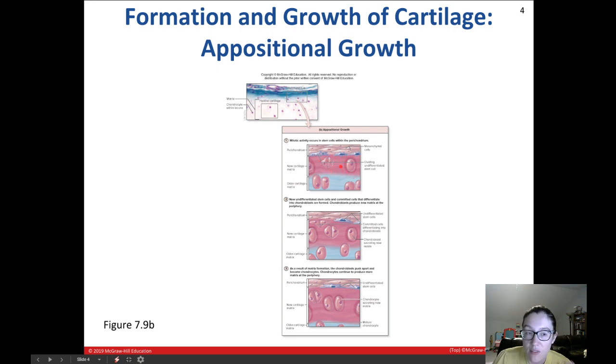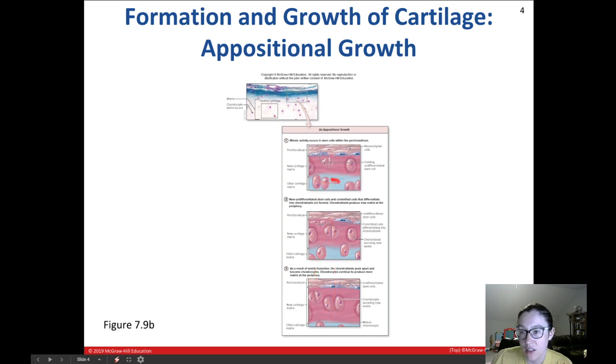So we have a lot of new chondroblasts along the outside that are secreting more and more new matrix. If we follow this one down, we see they're right next to each other, and now they're a little bit bigger, and they're pushing a little further away, and now finally they are separate, and there's a little bit of ground substance in between them, and they'll keep pushing apart until they're in their own lacunae.